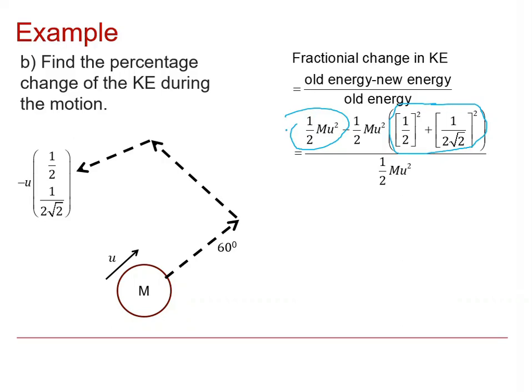So this one will become a 1 and the other one will be those two brackets worked out. So there we are, the 1 minus, and the bottom's calculated cancel to just a 1. So this is a quarter, this is an eighth, so it's 1 minus 3/8, which gives us 5/8. So on the basis of that we can say that 62.5% of the energy is lost.